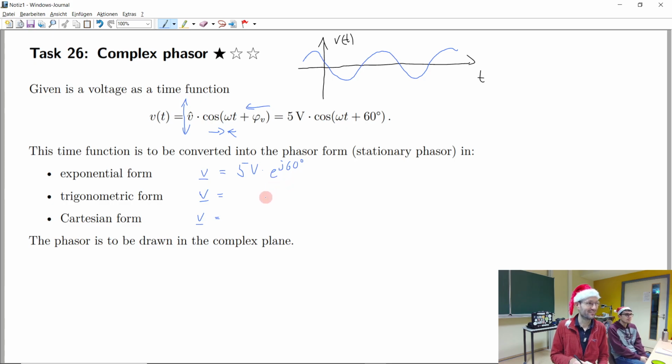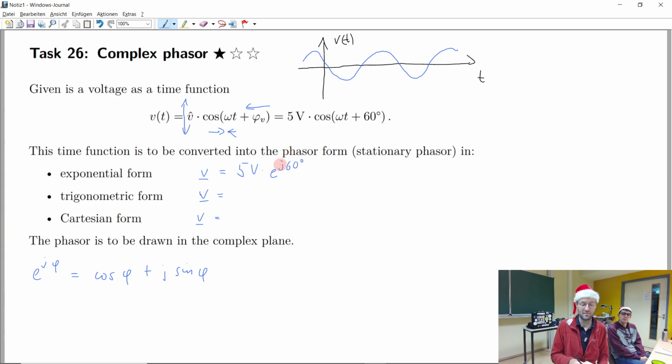Any ideas? So then we can discuss how could I rewrite the e to the j phi. Yeah, so this is called Euler's identity, and this is the same as the cosine of phi plus the imaginary unit j and the sine of this phi.